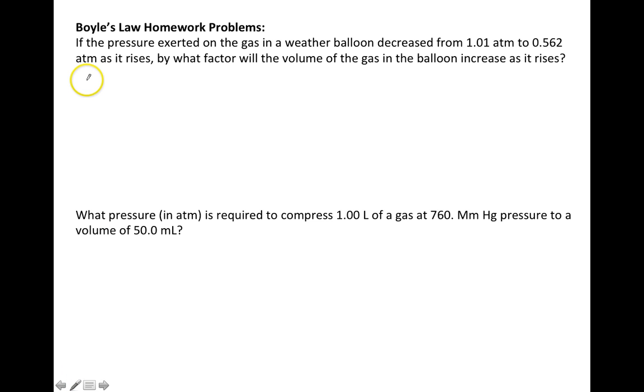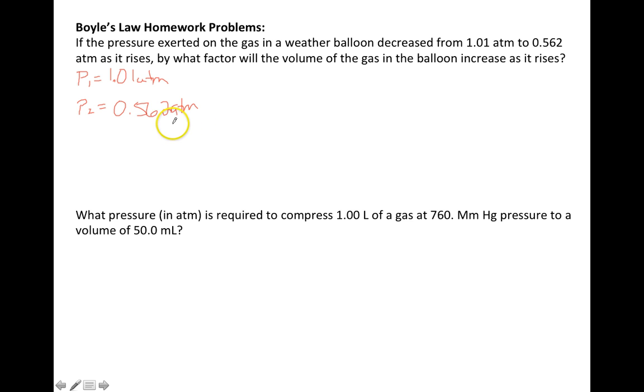Okay, so if the pressure exerted on the gas in a weather balloon decreased from P1 equal to 1.01 atmospheres to P2 equal to 0.562 atmospheres as it rises, by what factor will the volume of the gas in the balloon increase?